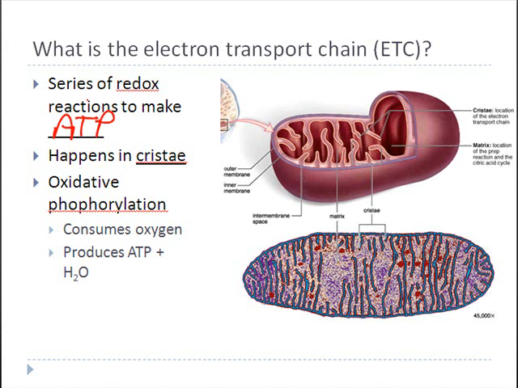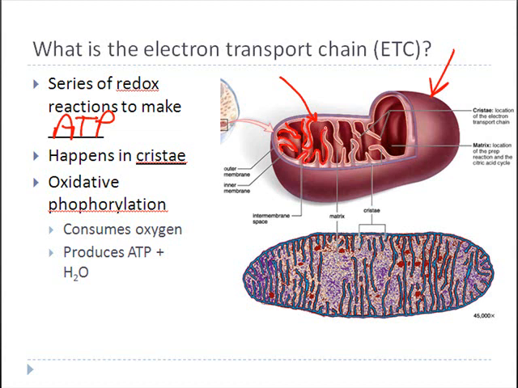This series of events happens in the cristae of the mitochondrion. You remember you have the outer membrane of the mitochondrion, and you have the inner membrane. On the inner membrane, there are a number of different enzymes which are involved in the electron transport chain. And they're housed in all of these different folds, these invaginations of the mitochondrion.